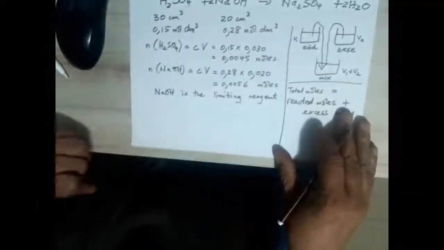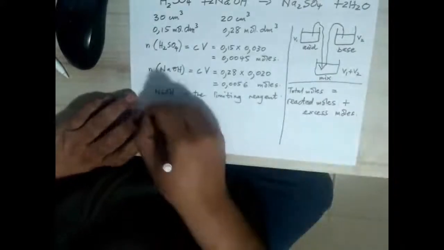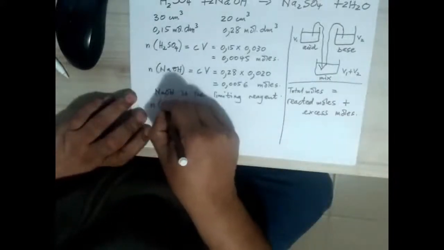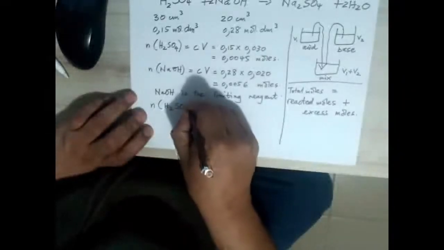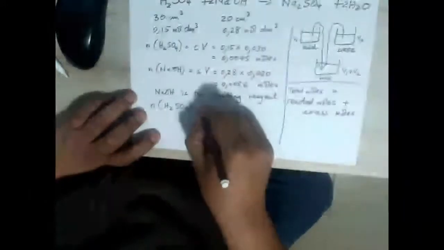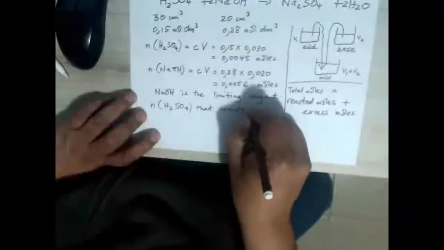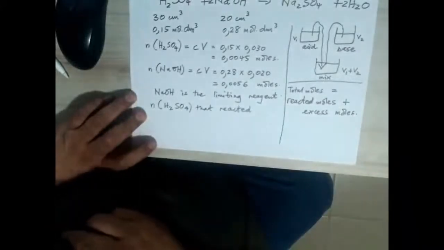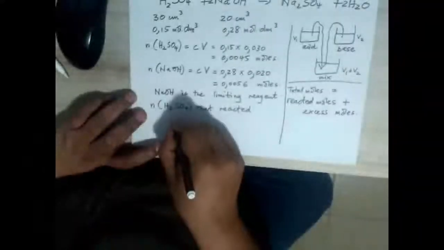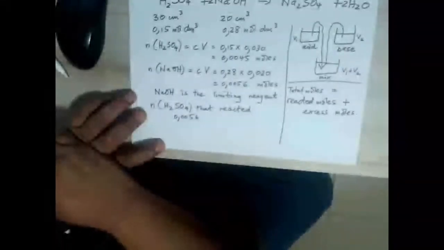Okay? So in other words, the moles of H2SO4 that reacted is going to be 0.0056. And why am I using the 0.0056?